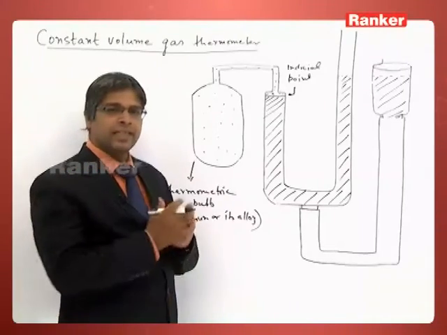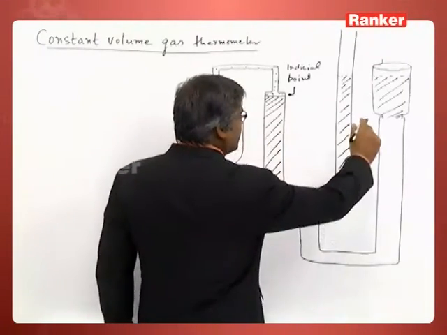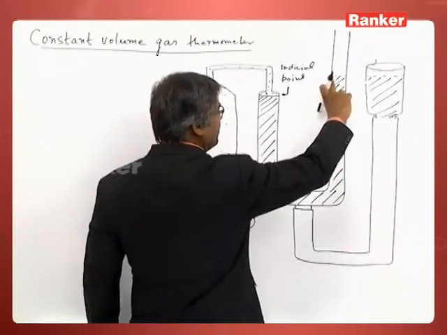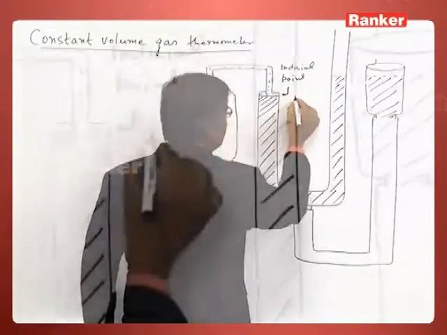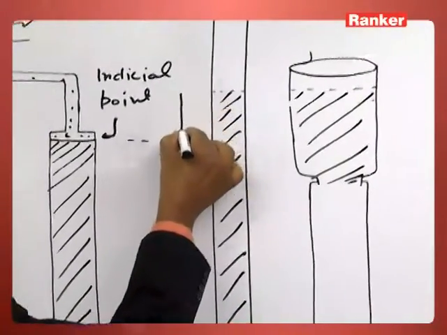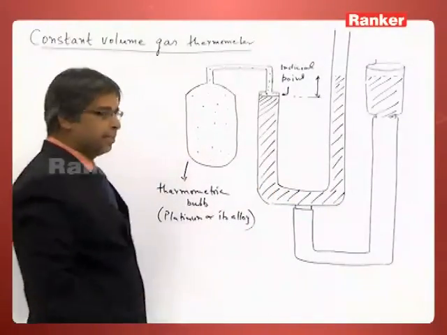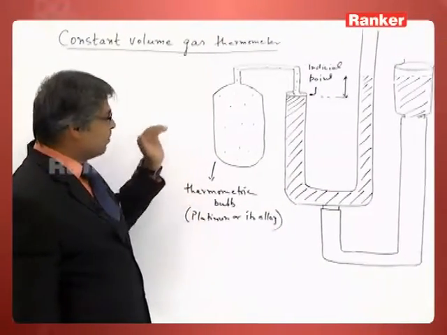Now, let us see how we are going to work with this thermometer. Some scales will also be provided, so that we can measure how much height this difference is from this initial point. This is measured with the help of a scale provided here. Now, how do we take the measurement?